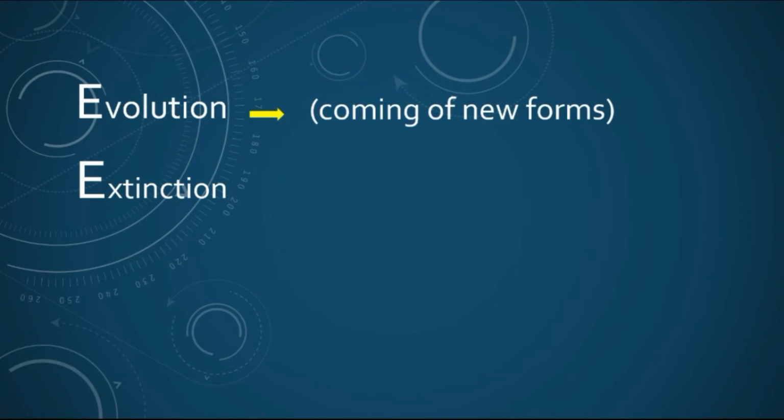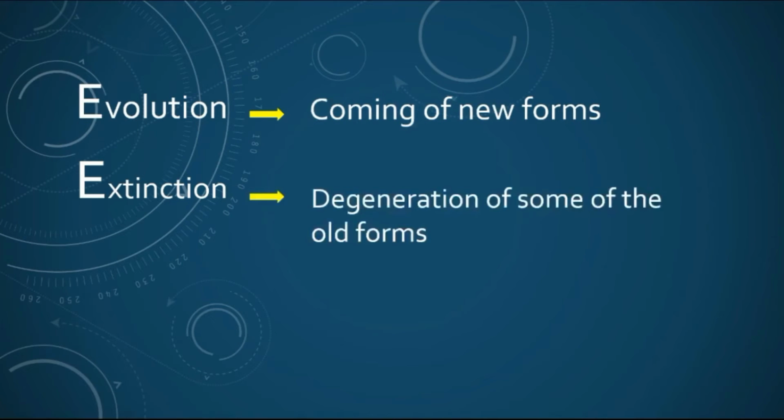And extinction is the disappearance of some of the old forms, like dinosaurs are extinct. They are not present, and like that many animals are not present. So there is an evolution of a few organisms and extinction of old organisms.